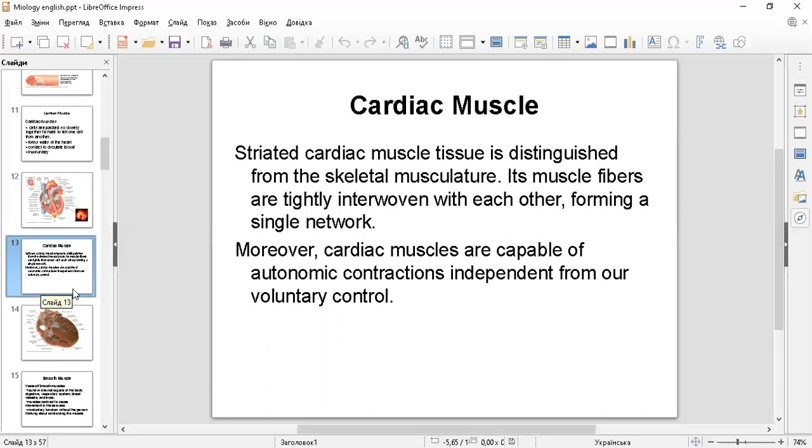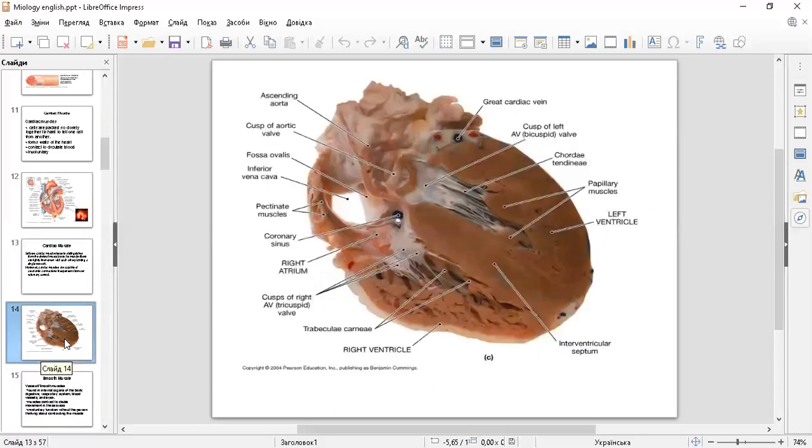Moreover, cardiac muscles are capable of autonomic contraction independent from our voluntary control. Cardiac muscles form the heart.